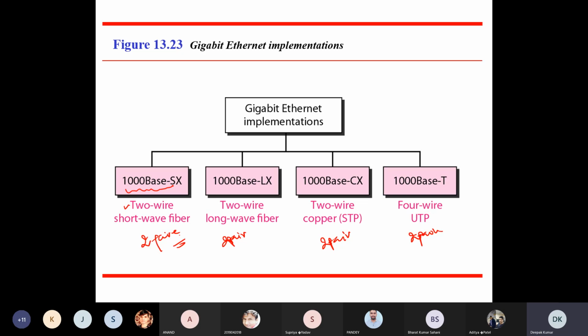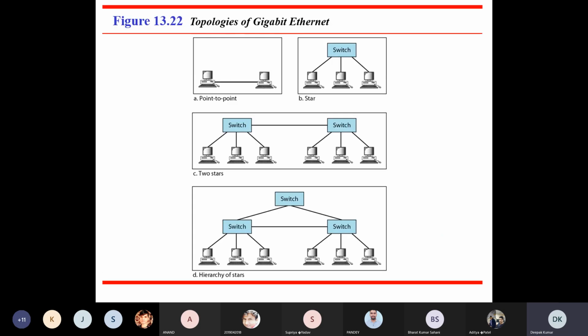This is one technique. Another technique is to change the topology. Point to point topology is used when only two nodes are available. When more than two nodes are available, they can be connected through the switch. That is star topology. Similarly, the star topology is improved in hierarchical nature.